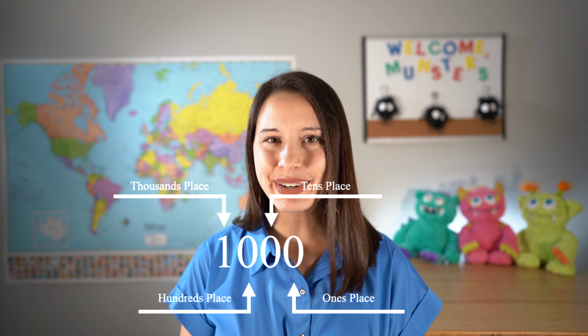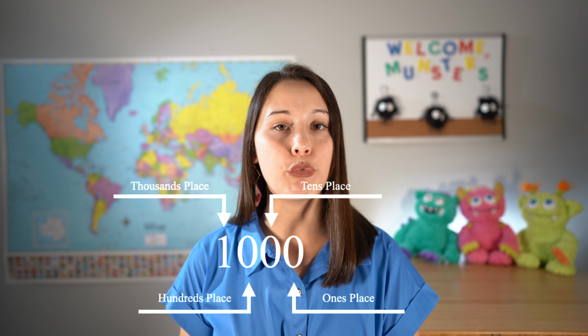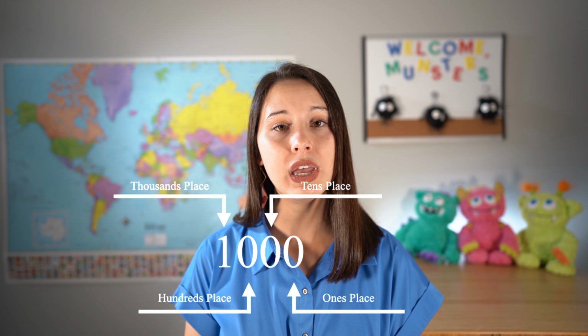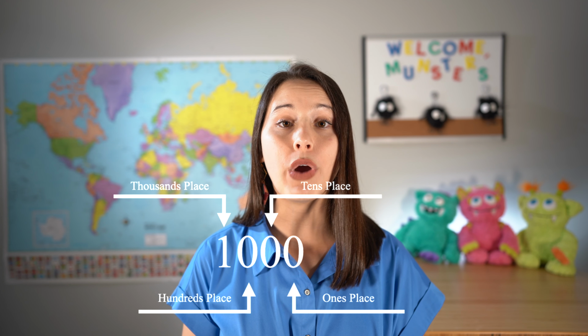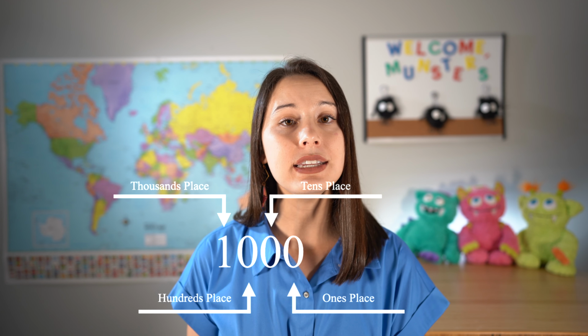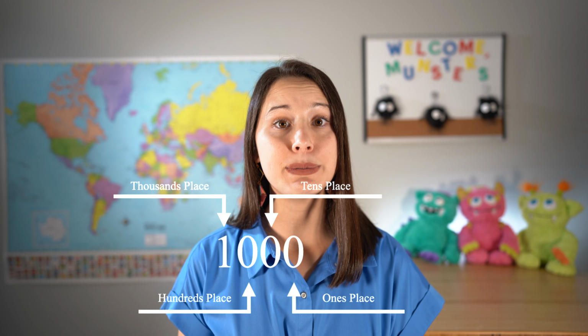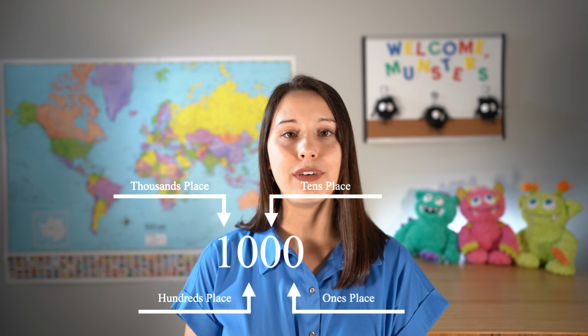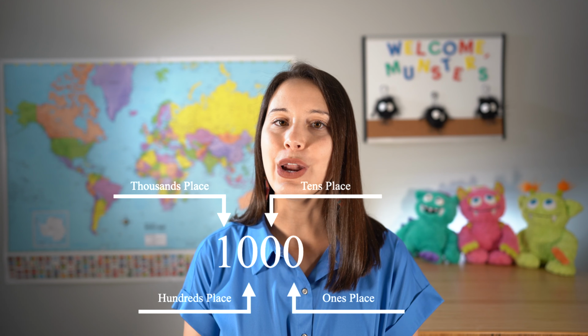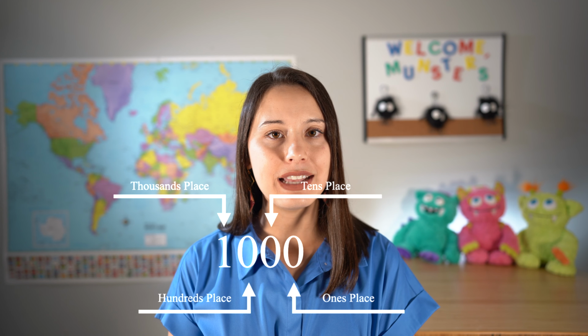I will say that one more time. We always go from right to left when looking at place value. And so that number to the furthermost right is our ones place, and then beside it, tens place. Beside our tens place, we have our hundreds place, and then our thousands place. And so that is what we discussed today when we learned all about place value.